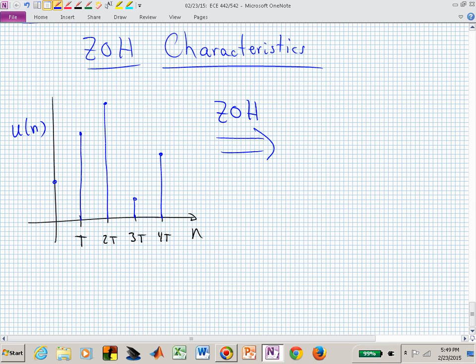Just take the given value at the current sampling interval, 0, T, 2T, 3T, and hold it fixed. That means that on the right here we will have an analog waveform. It will now be flat. Then we'll go up to this one and it will be flat. So if you wanted to connect those, you'll go up here and it will be flat.